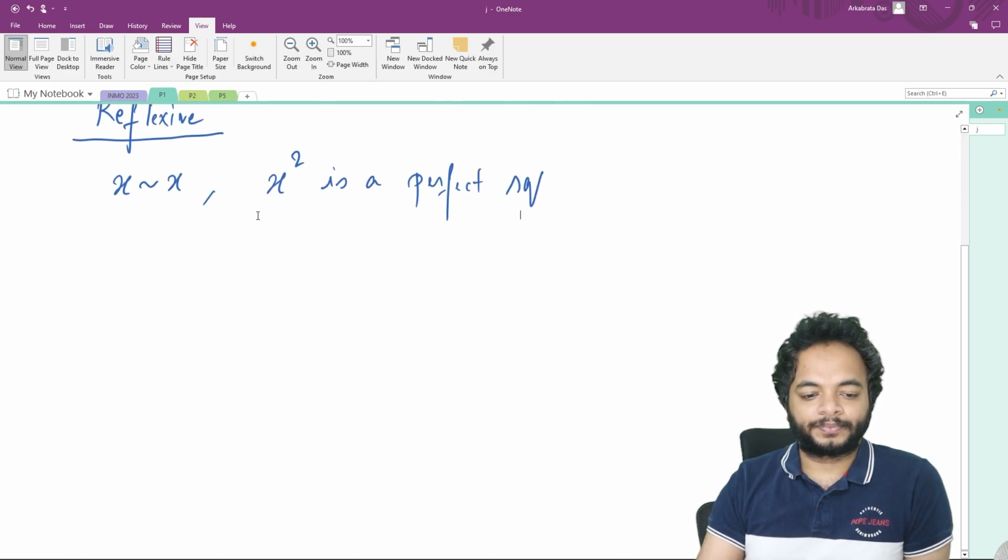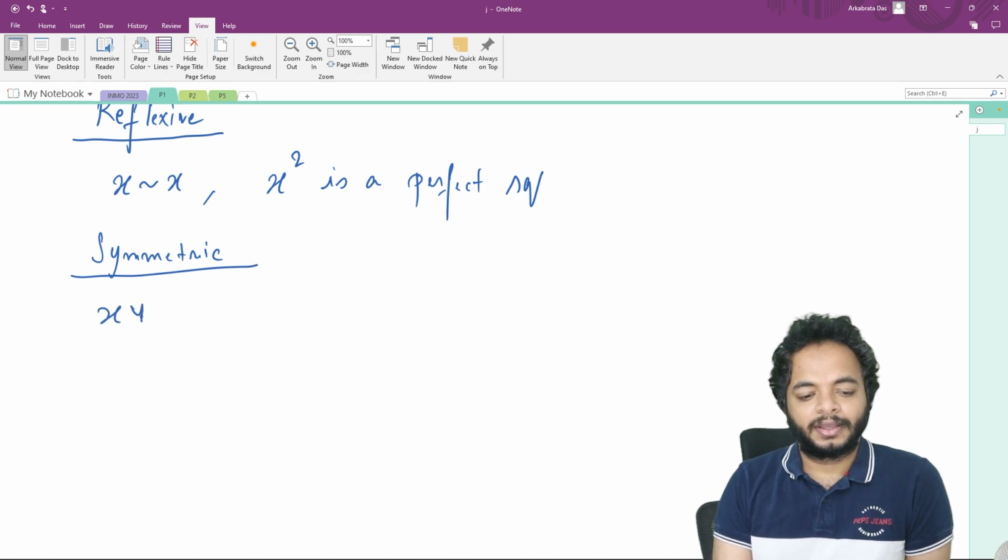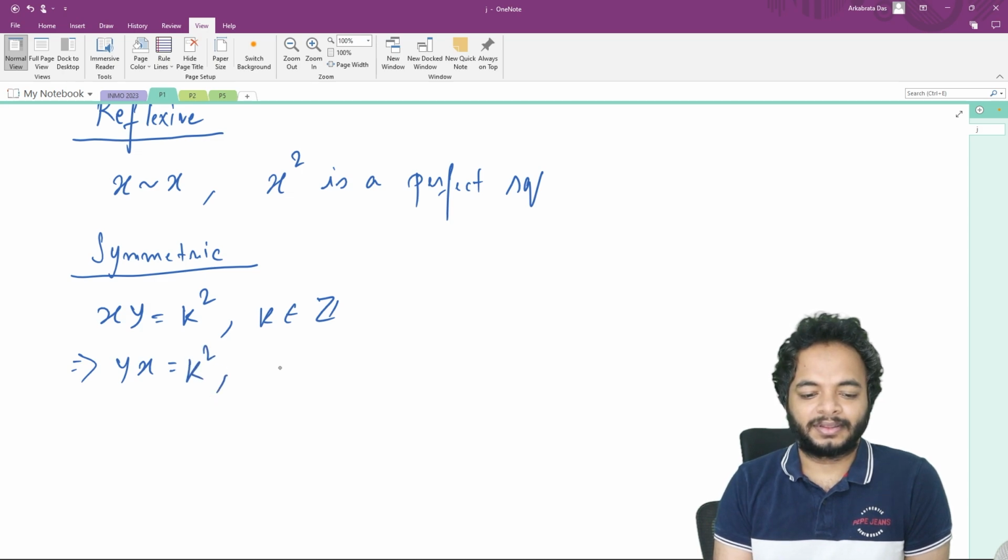Now what about symmetric? That is also very simple. If xy is some perfect square k squared, where k belongs to Z, then it also implies that yx is a perfect square. There is nothing more to it.